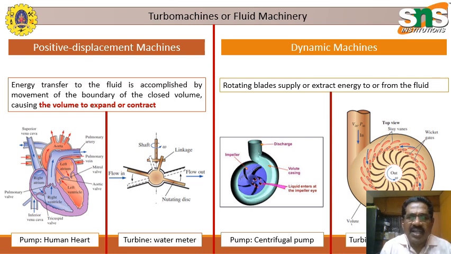On the other hand, in the dynamic machines, you have rotating blades that supply or extract energy from a liquid. Here there is an expansion of the chamber, whereas here there is no expansion of the chamber. Here the blades are rotating either to extract energy or to move the liquid up. This is the centrifugal pump and this is a turbine.